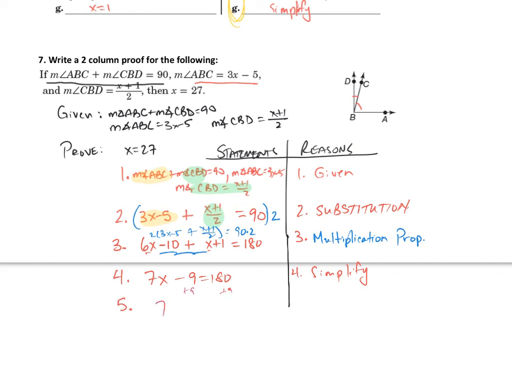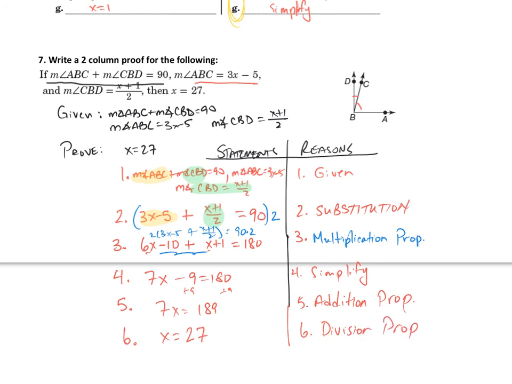So I'll get 7x equals 189, and this was the addition property. And then my last reason, I'm going to divide both sides by 7, and I'll get x equals 27. And this was the division property.